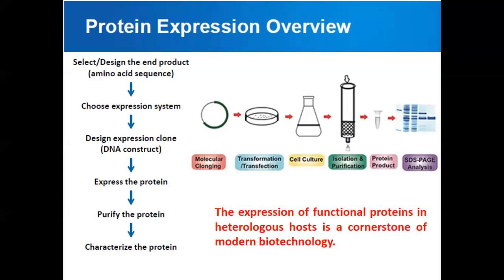Then we clone that gene into the plasmid, and then we transform that plasmid into our host, for example, E. coli or some other bacteria or microbial host. Then if there is expression, we can get the protein and purify it, because the cell has its own thousands of different proteins. Among those thousands of different proteins, we have to purify our protein of interest, or heterologous protein. There are different methods by which we can identify our protein.